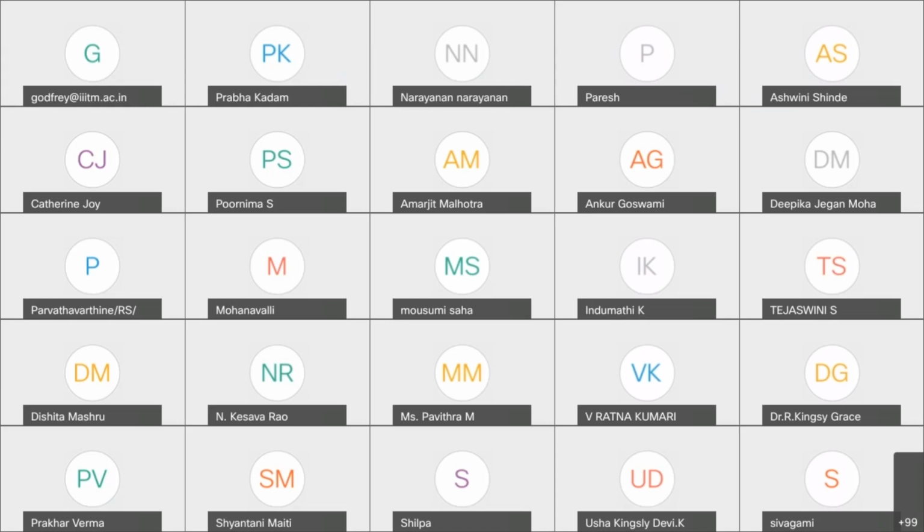The first question was about the division of the total number of samples available. Mostly these days people work with two data sets.